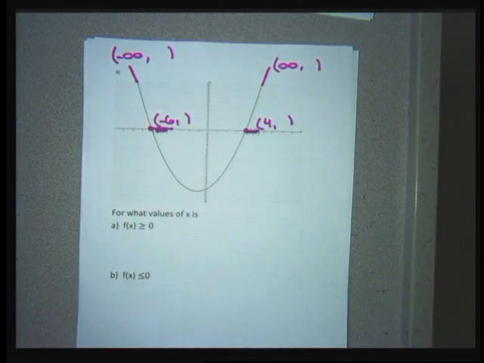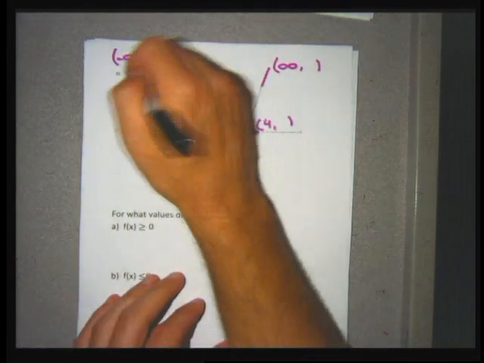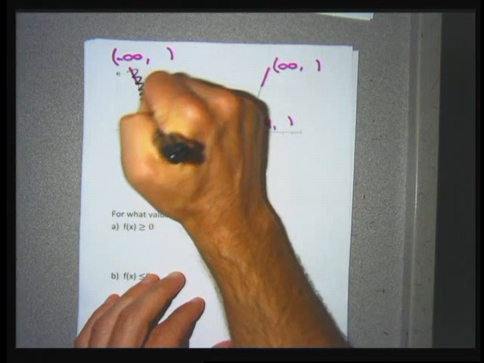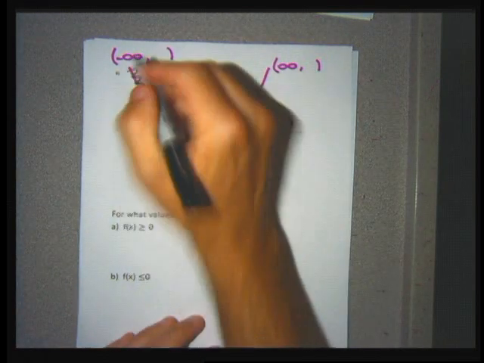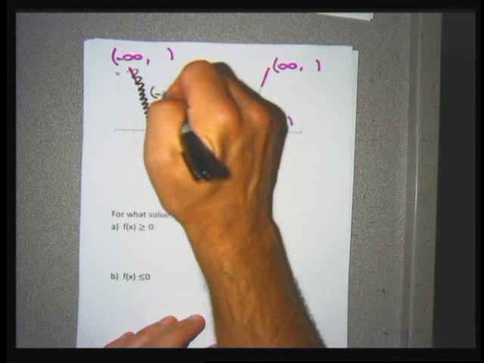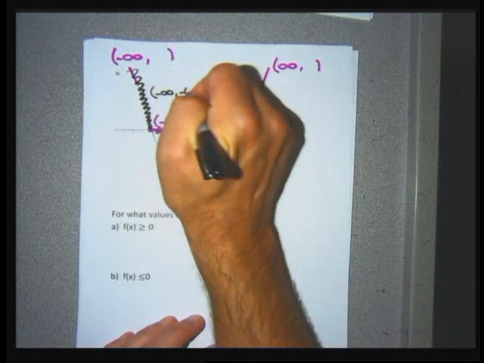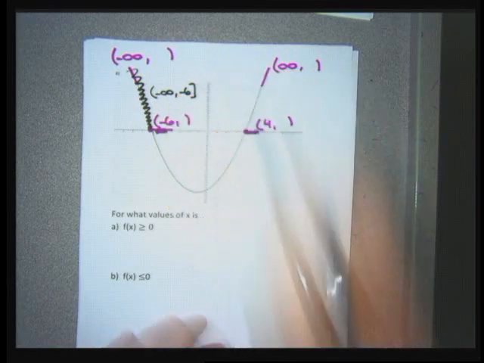Now I'm going to break the graph down into its segments. The first bit of this graph, this portion of the graph, goes between the end of the graph and an x-intercept. As an interval, this is the region from negative infinity to negative 6. I'm going to put a square bracket on the negative 6.